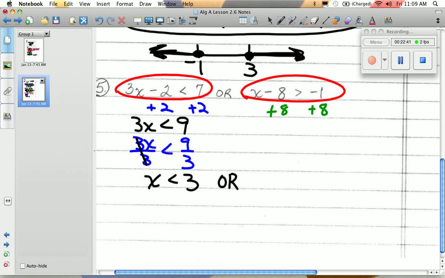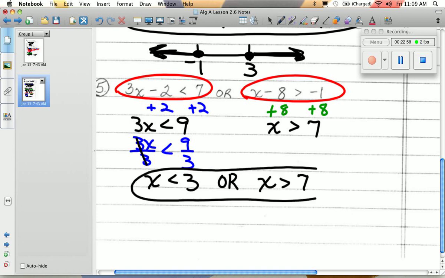Okay, what's our solution? X is greater than 7. X is already by itself, and -1 plus 8 is what? 7. Okay, we don't need all that space to solve it, so we're just going to bring it down here and say, okay, there's the other part of the solution.